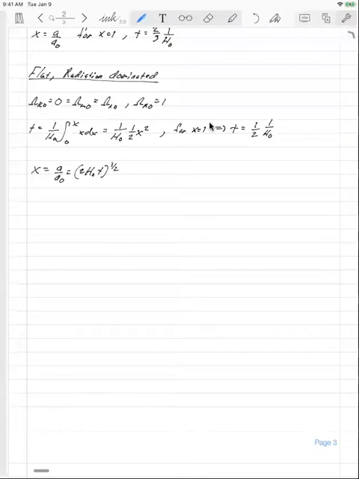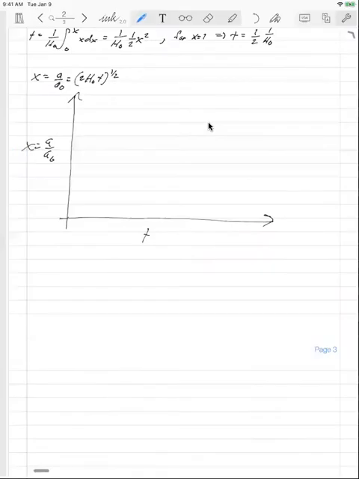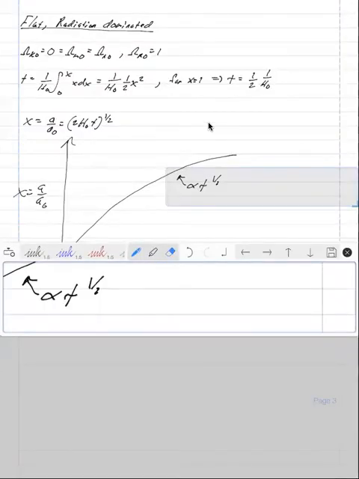If I draw this evolution, with t and x equals a over a naught, then this curve is proportional to t to the 1/2.